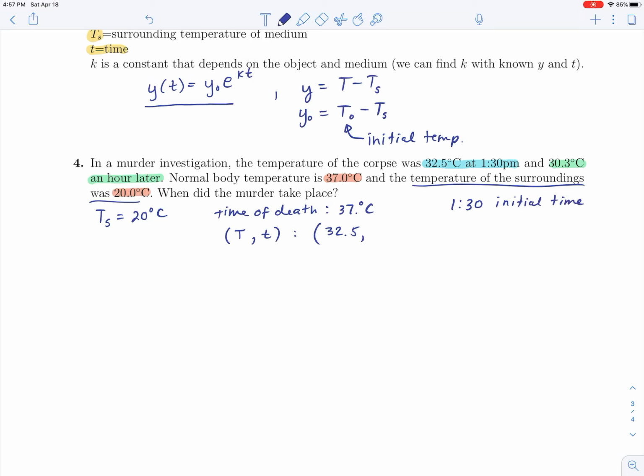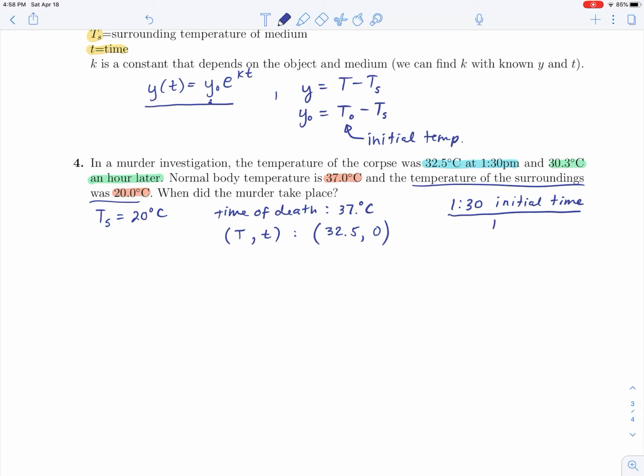You always want to make your initial time something tangible. So even though the death happened before the finding of the body, you don't want to make your unknown your initial time, because then that doesn't give you your y naught. Okay, so we're going to call it 0, initial time.